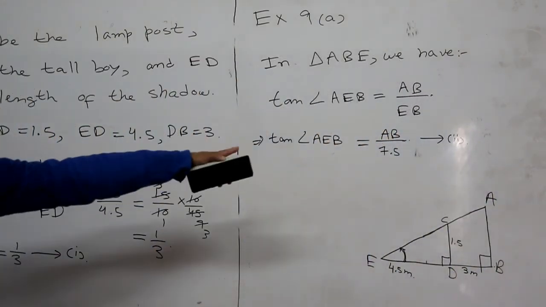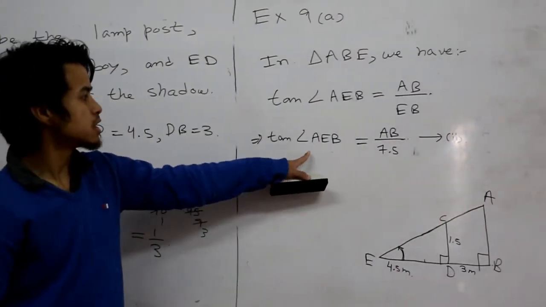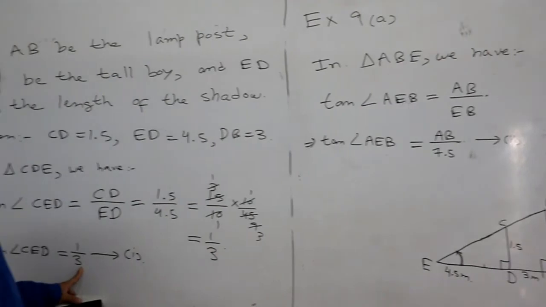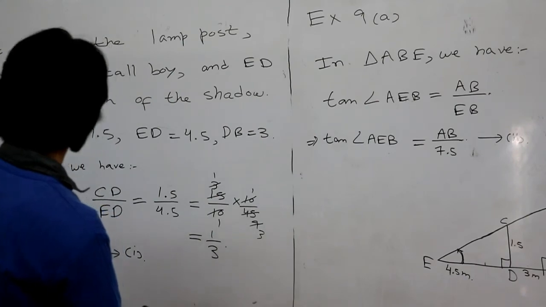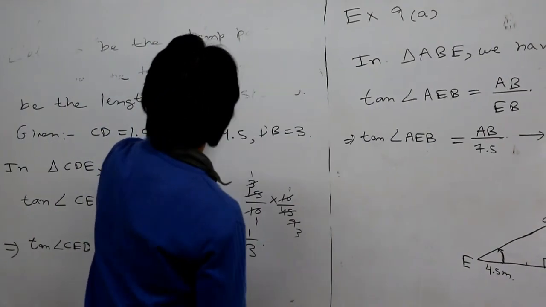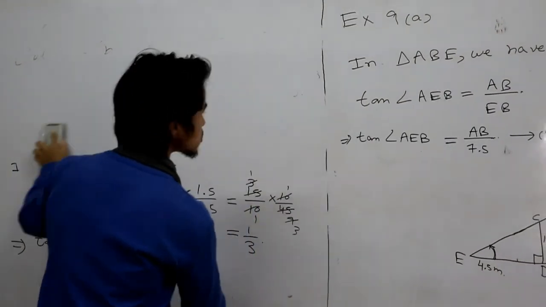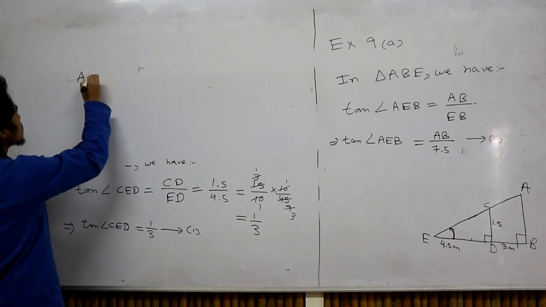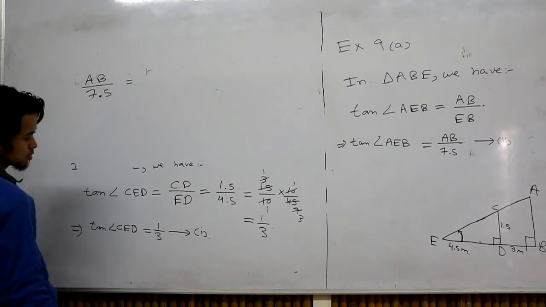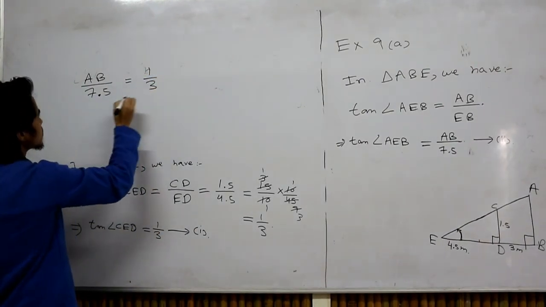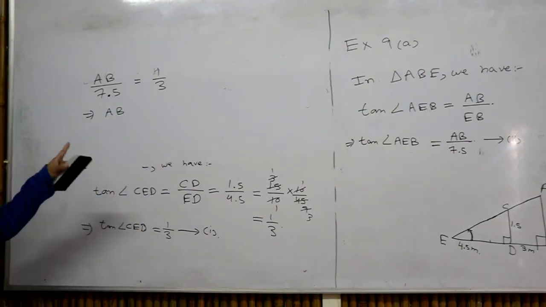But we clearly see that from equation 2 and equation 1, angle CED is the same as angle AEB. So that means the right hand side of equation 1 must be equal to the right hand side of equation 2. So we can conclude that AB by 7.5 is equal to 1 by 3, and so we just multiply by 7.5 on both sides.